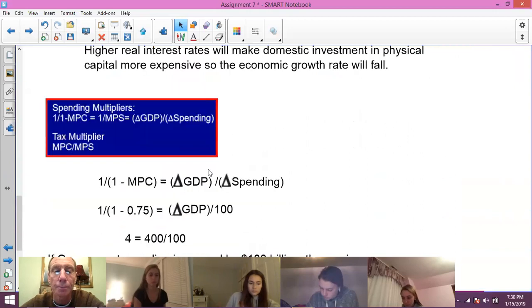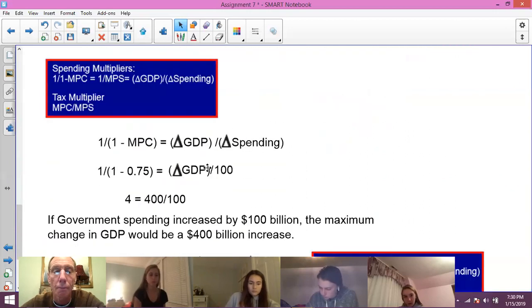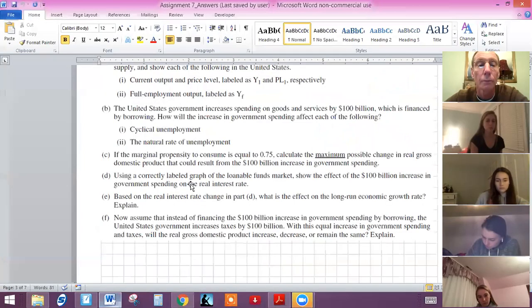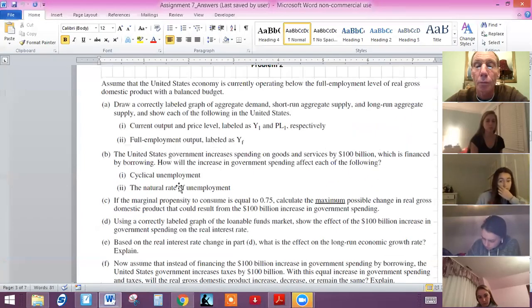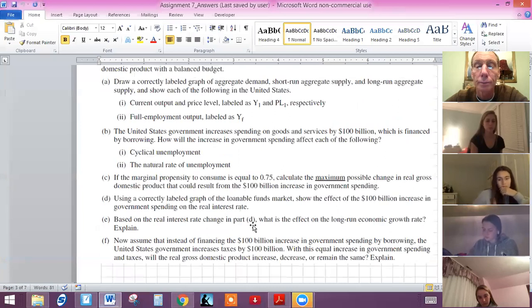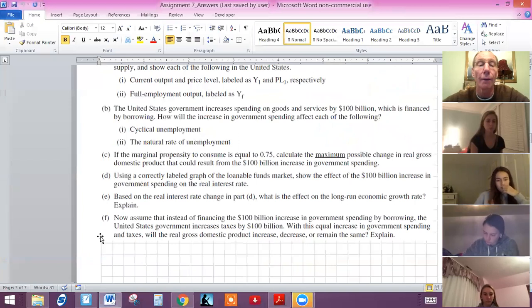Okay. Now, part F. Now assume that instead of financing the 100 billion increase in government spending by borrowing, the United States government increases taxes by 100 billion.